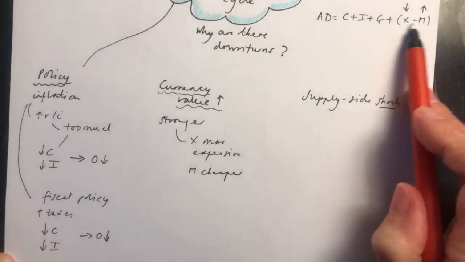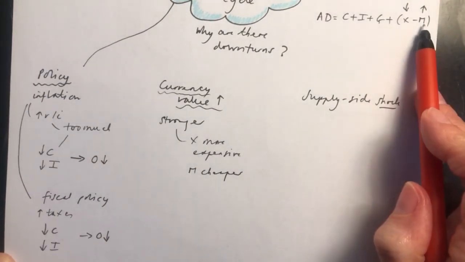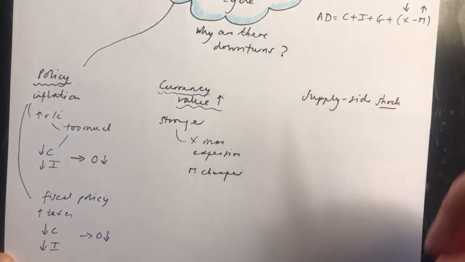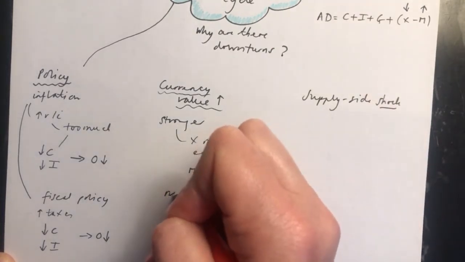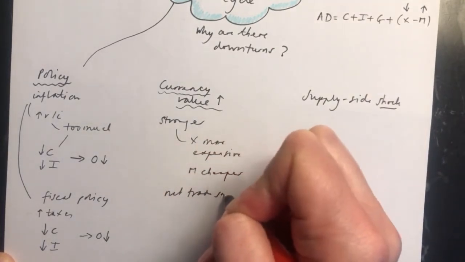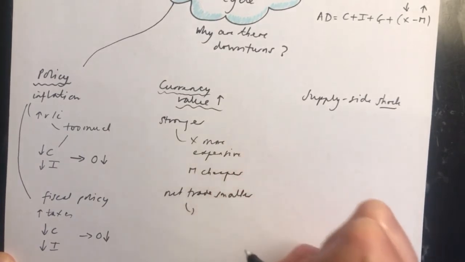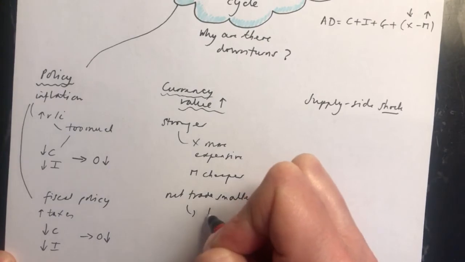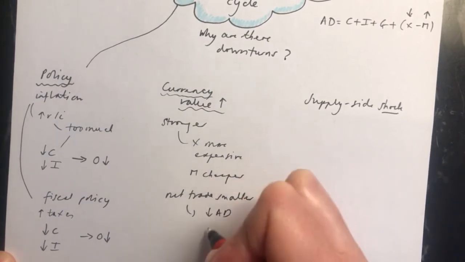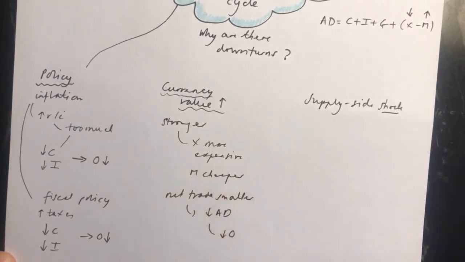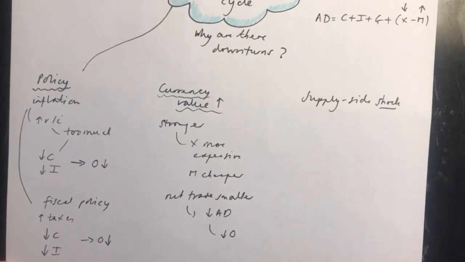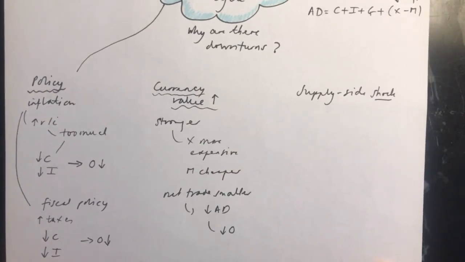Overall, this means that this number that you're adding on at the end here will be smaller. And if your net trade is smaller, that will result, ceteris paribus, if everything else stays the same, in a decrease in aggregate demand, a decrease in output. So that's another reason why you might go into a downturn in your economic cycle.